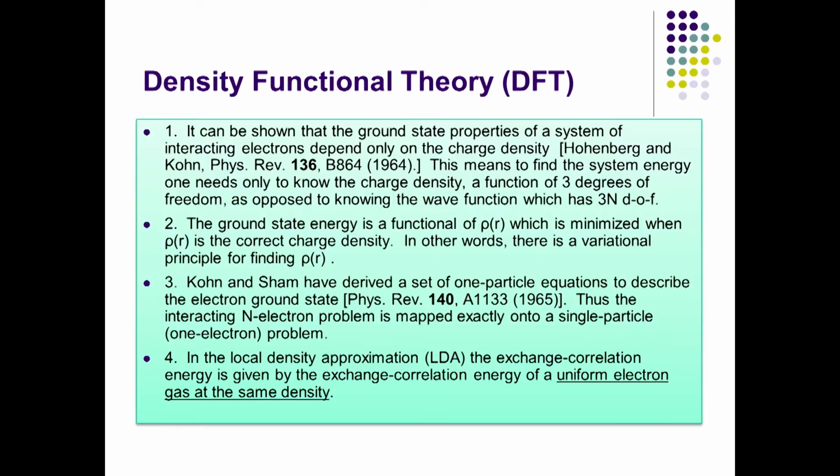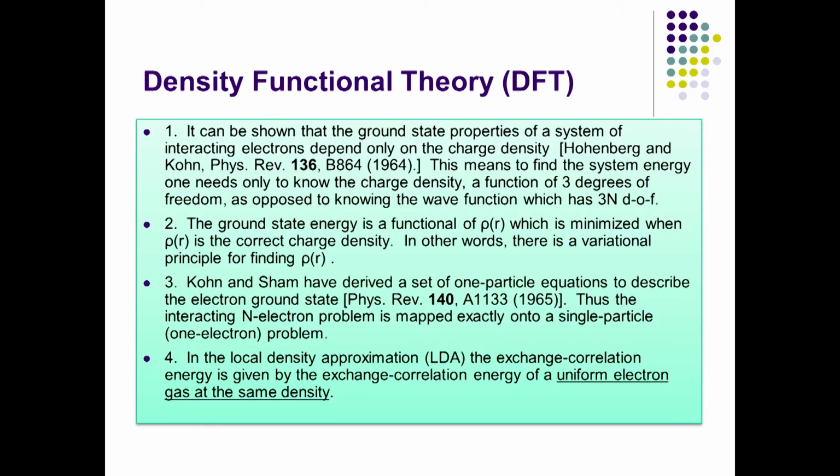And the third one, which is again a very famous paper, is Kohn and Sham, who derived a set of one particle equations to describe the electron ground states. So, we start with the electronic ground state, and the ground state is defined by the charge density, which we can find and minimize using a minimization algorithm for the charge density.